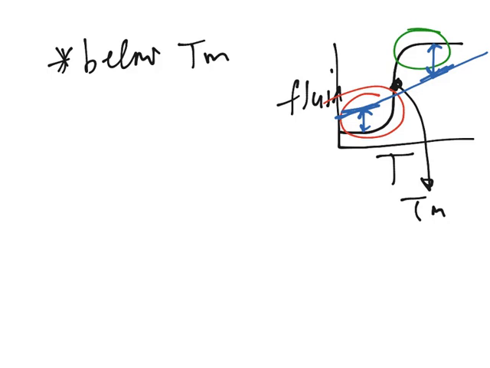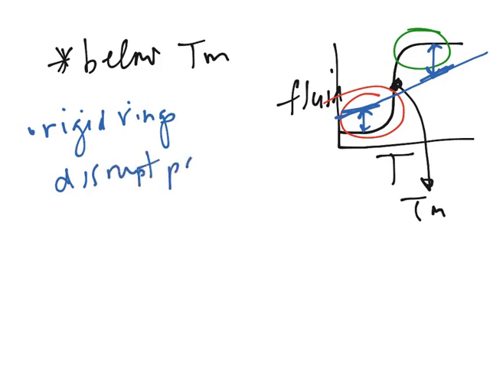So you could think structurally below the transition temperature, when you add those rigid rings from those four planar fused rings of cholesterol, those rigid rings disrupt the packing between the lipid molecules because you're not going to get as good an interaction with those planar rings as you are, for example, between a whole bunch of saturated fat. So therefore, that would increase the fluidity of the cell membrane.